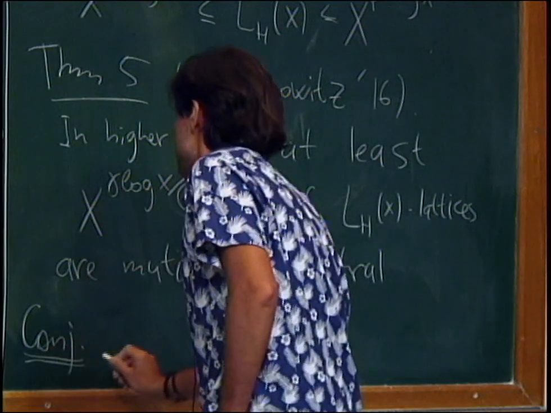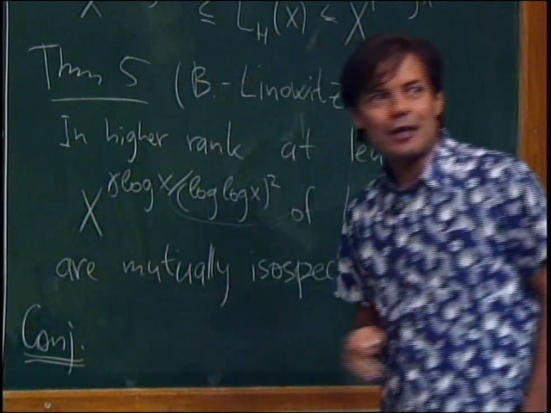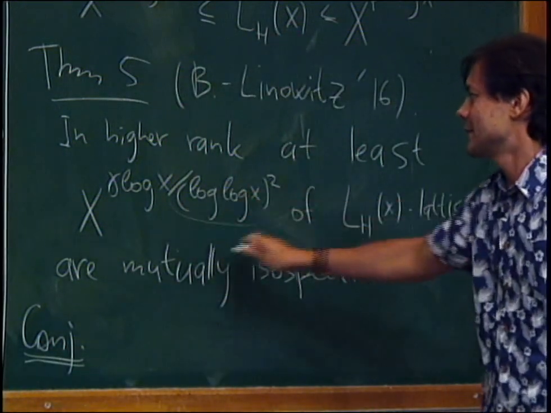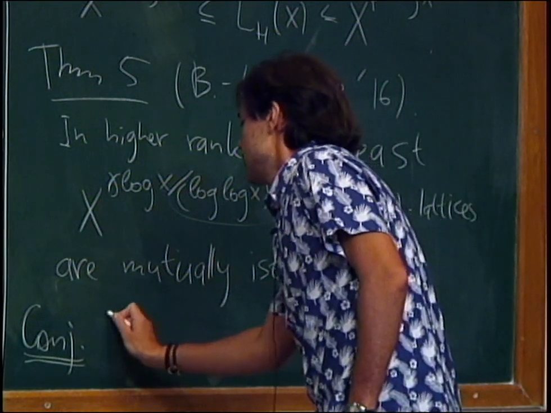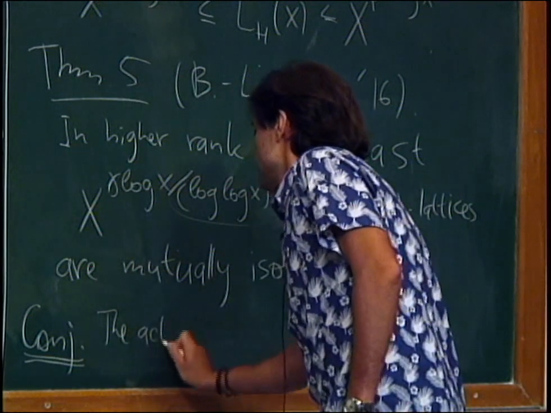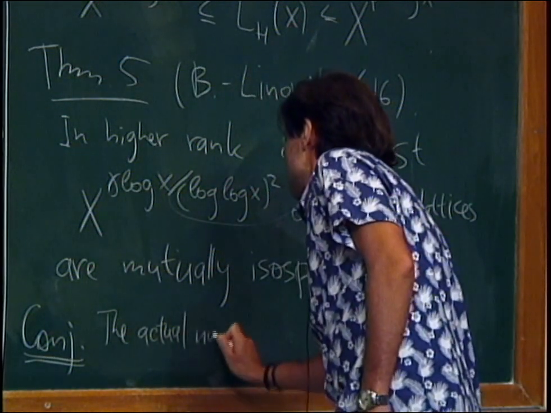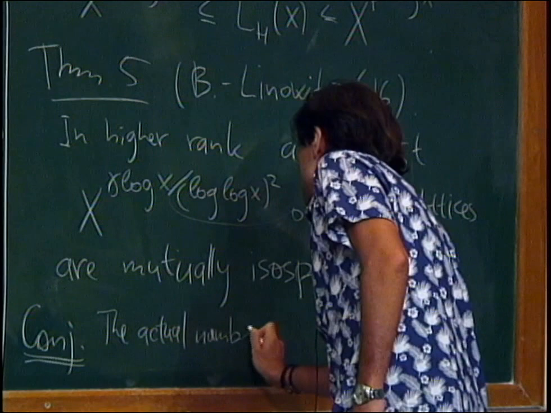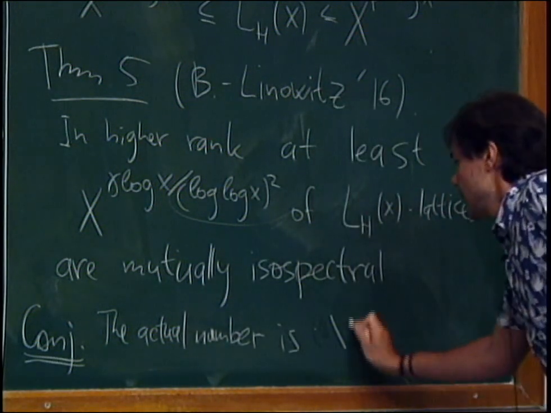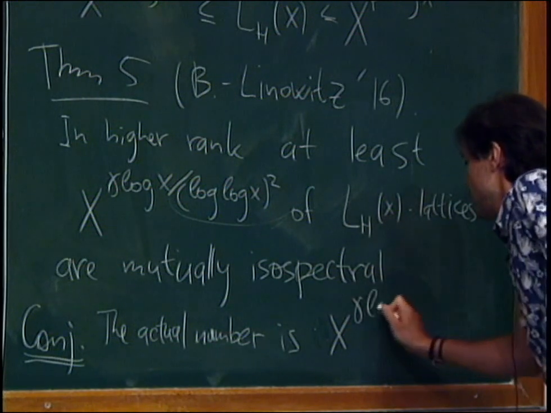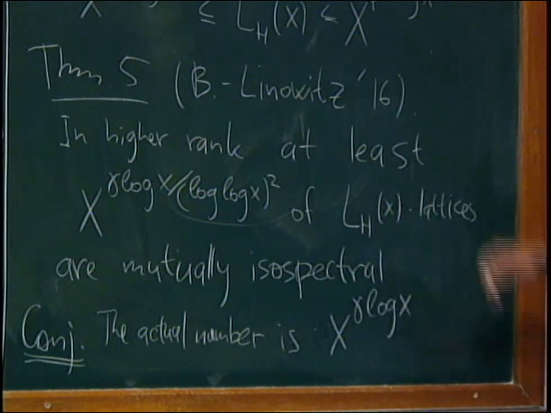It's an interesting conjecture, I think, but we tried hard to prove it, but so far we stay with this log x factor. So the actual number is about x to the power gamma log x, so without any log x.